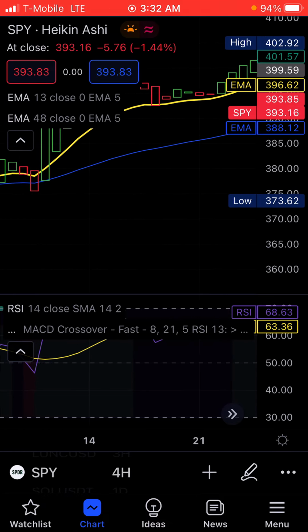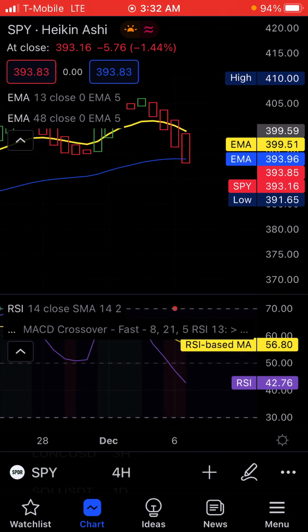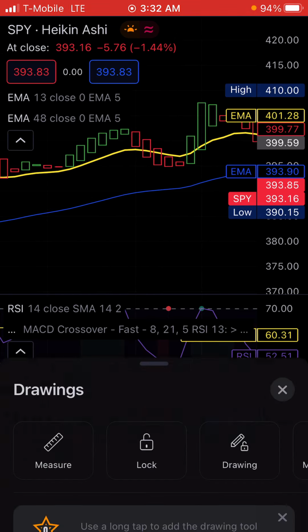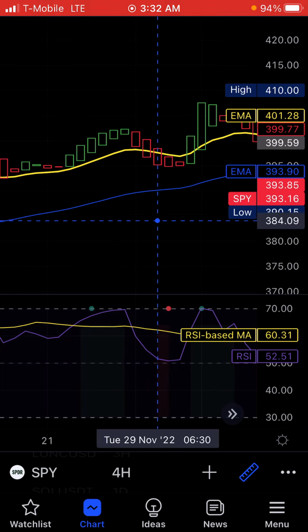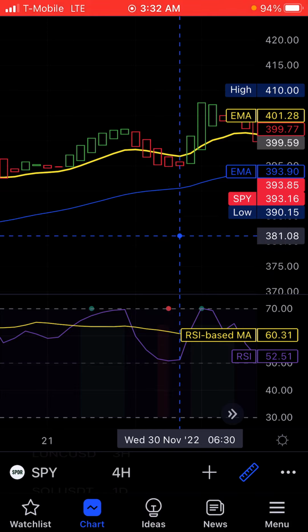First, you also need the 1348 above here. We're trying to spot the moments when the 1348 is crossing, but also when a dot appears right here.